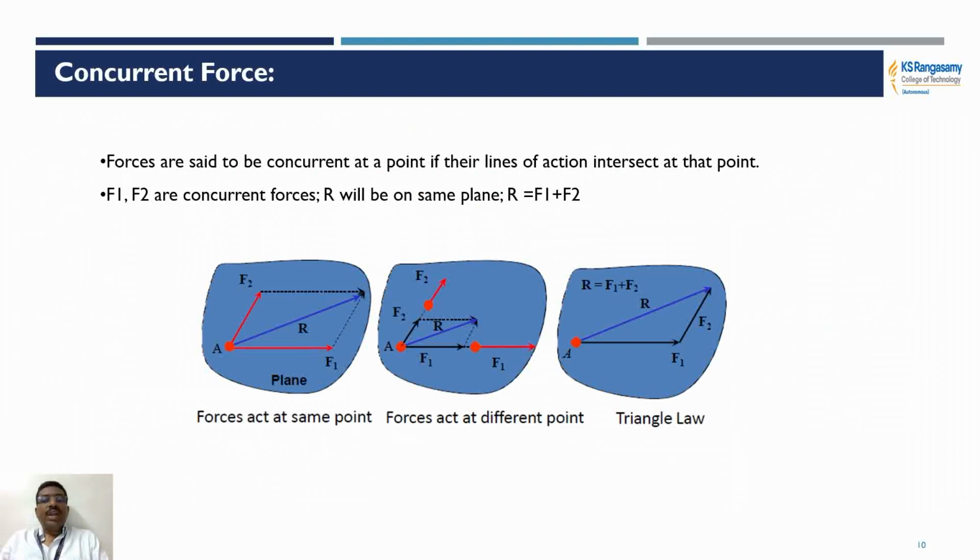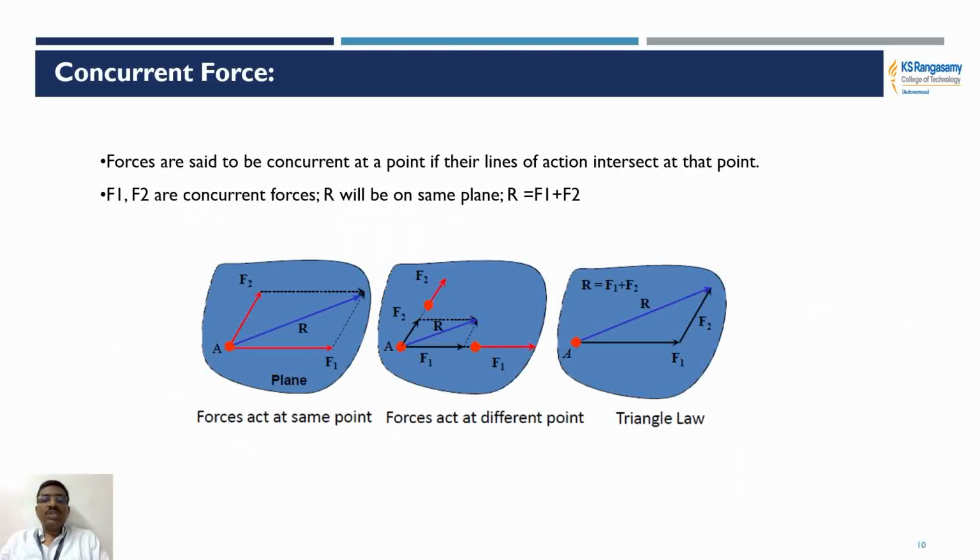In this figure, we can see F1 and F2, the forces which are acting at the same point, and the resultant force will be R equal to F1 plus F2. The forces are said to be concurrent if the lines of action intersect at one particular point.